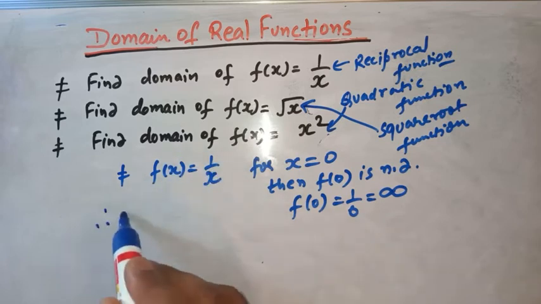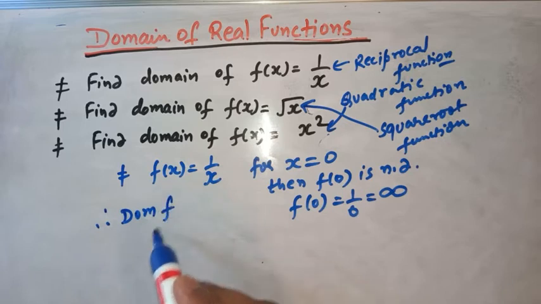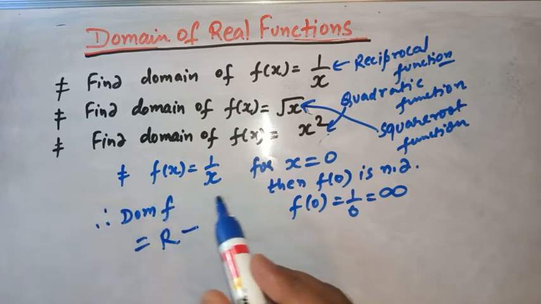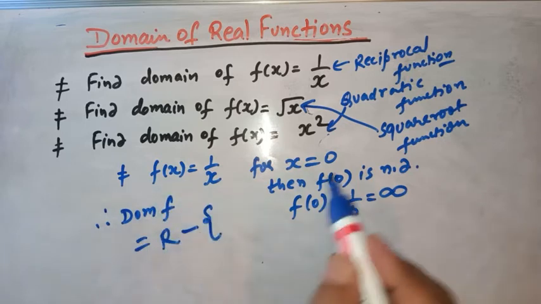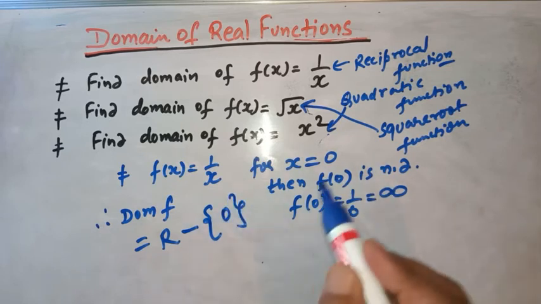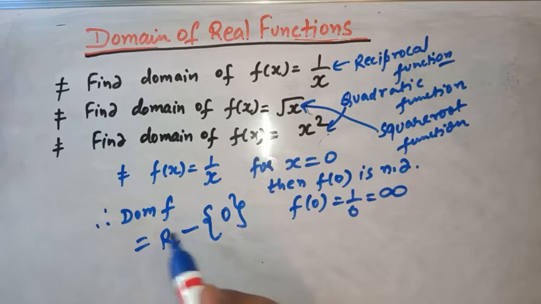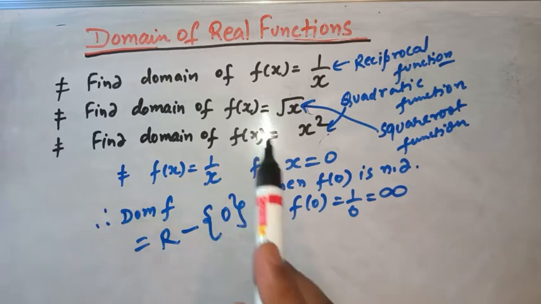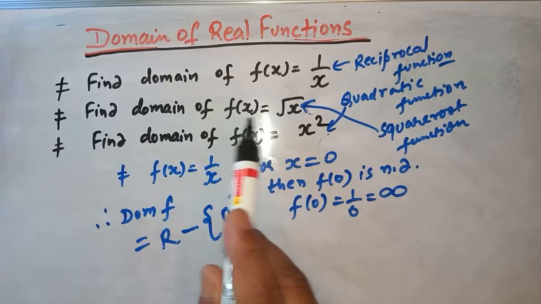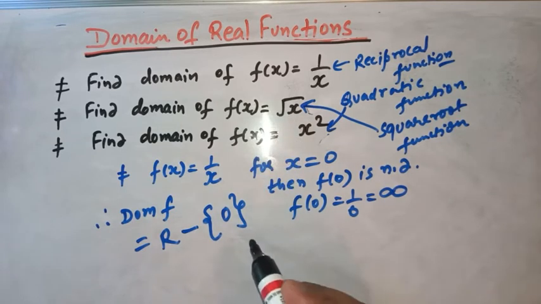Therefore its domain consists of all real numbers excluding 0. So we'll delete this 0 from the set of real numbers. So this is the domain. Clear? Now let us take the domain of f(x) equal to square root of x.